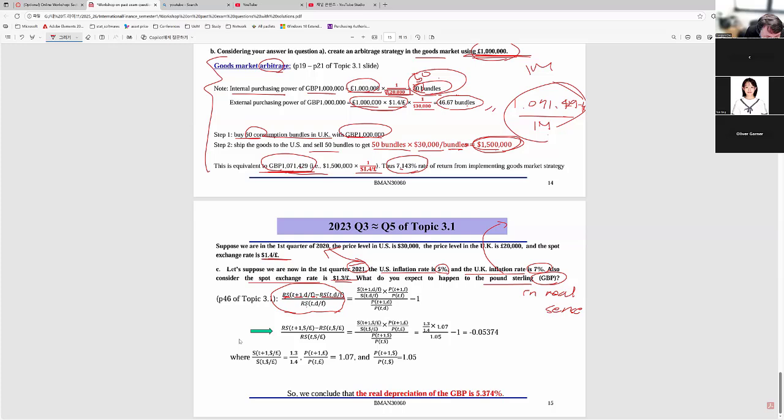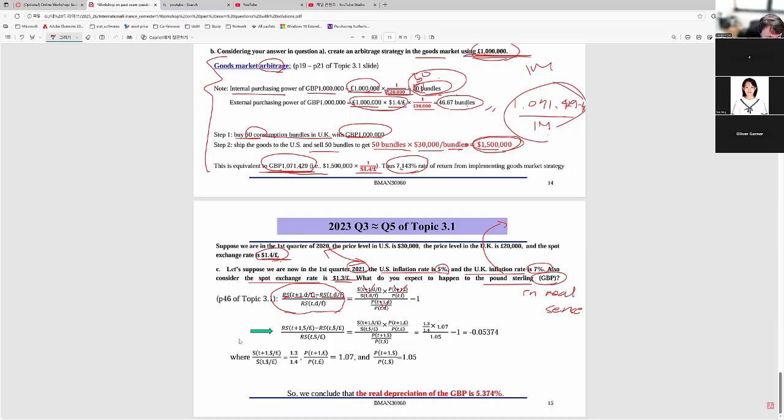We can decompose this change into 3 things: changes in the nominal exchange rate, changes in the price level in F, the currency in the denominator, and the price level changes in the currency in the numerator, D. So which one should be F and which one should be D? Given this, naturally we can replace F with pound and D with dollar.